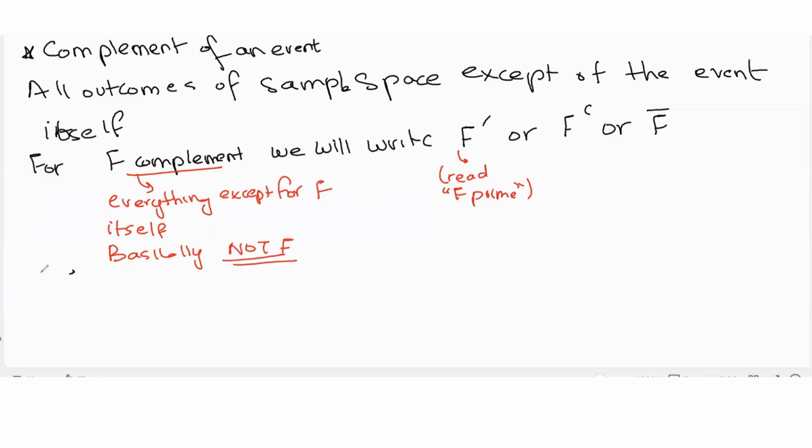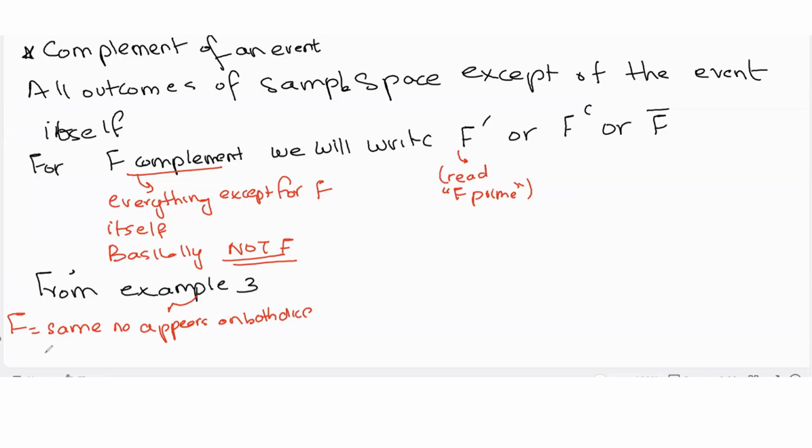So if you go back to example 3, remember in example 3, F was the event that the same number appears on both dice, and this was all the outcomes 1, 1, 2, 2, 3, 3, 4, 4, 5, 5, 6, 6.